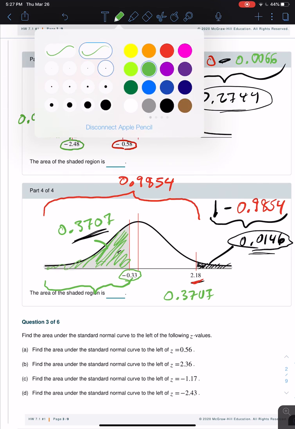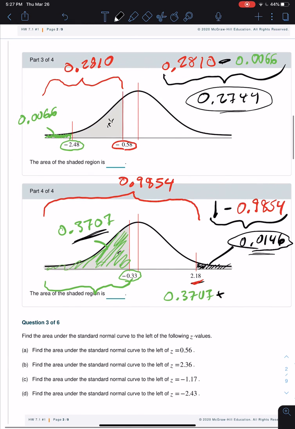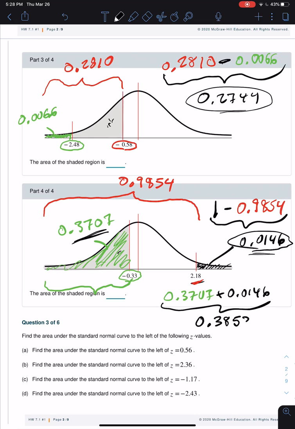We need to add that to the area of the black, 0.0146. When we add it all up, we get a grand total of 0.3853. And that is the area of those two shaded regions summed up.